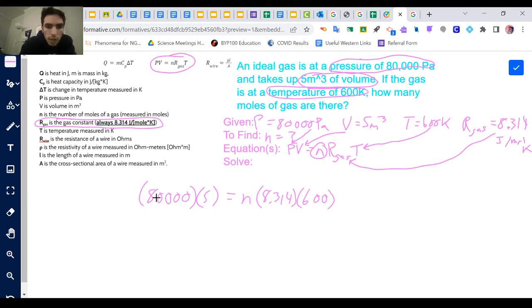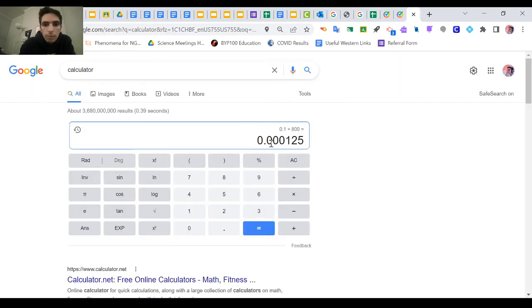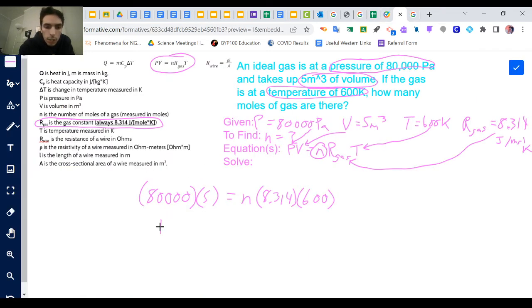So I'm going to do this 80,000 times 5, and I think I know what that is, but I know better than to trust myself. So 400,000, cool, that's what's going to go on this side. So that's our simplified 80,000 times 5, 400,000, is equal to n times, and now I'm going to combine our 8.314 joules per mole Kelvin times the 600 Kelvin and see what that is.